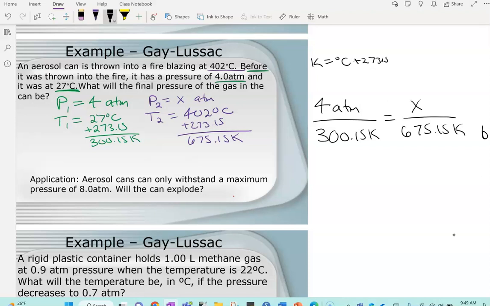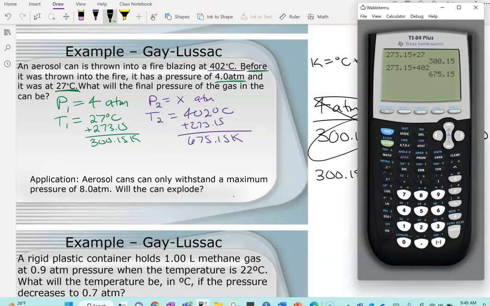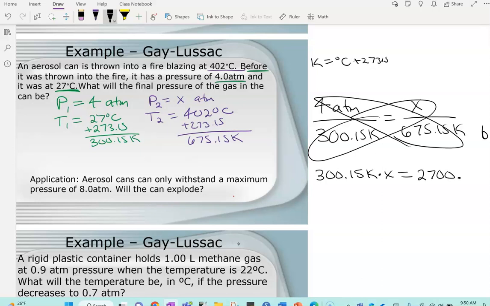In order to solve for this, we're going to cross multiply to solve for X. So 300.15 Kelvin times our X is equal to 675.15 times 4. So that's 2700.6.